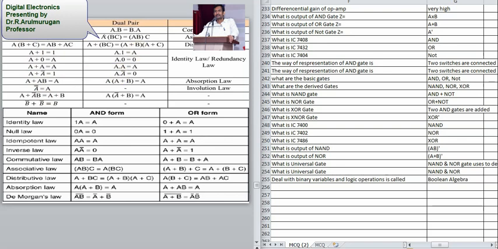Similarly, for multiplication: a into b, b into a. A into bc, so ab into c. A plus bc is a plus b into a plus c.